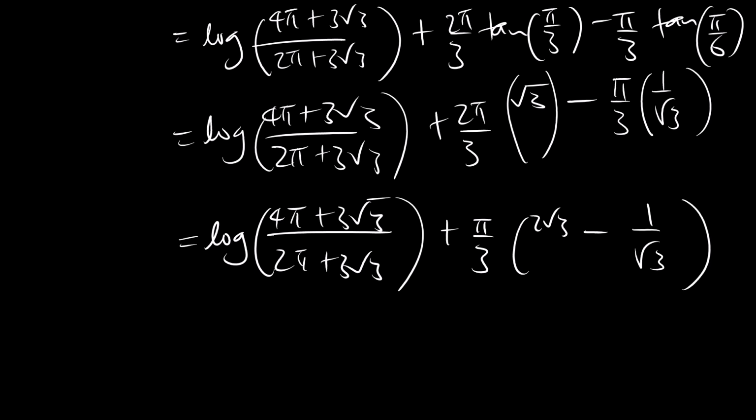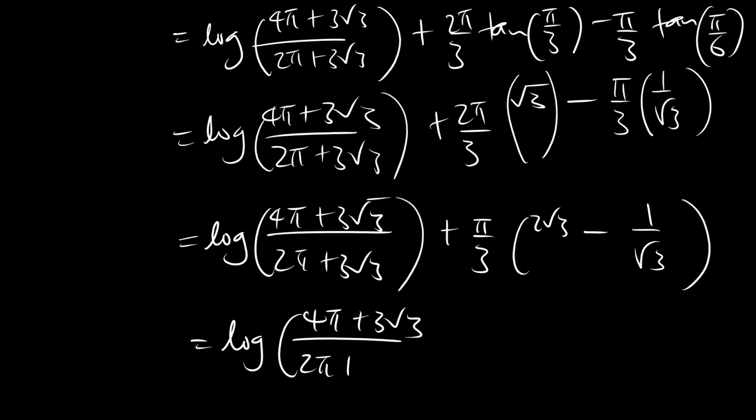And so the denominator becomes root 3, and therefore we have 6. So we have 5 left. Plus 5 pi over 3 root 3.